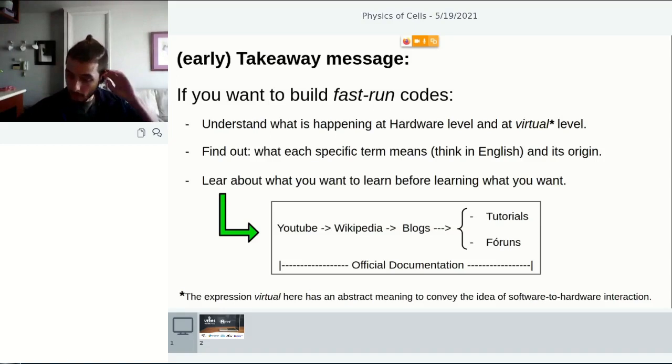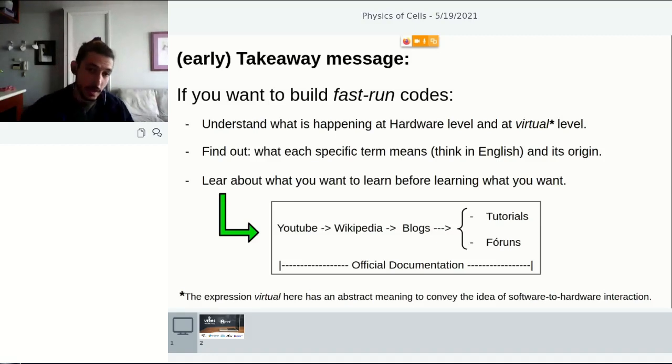My personal algorithm is that I first look at YouTube videos, then Wikipedia entries, which help a lot to see the meaning and the origins of the words, then specific blogs, and just then, when I already understand what I'm going to learn, I go to tutorials and forums.